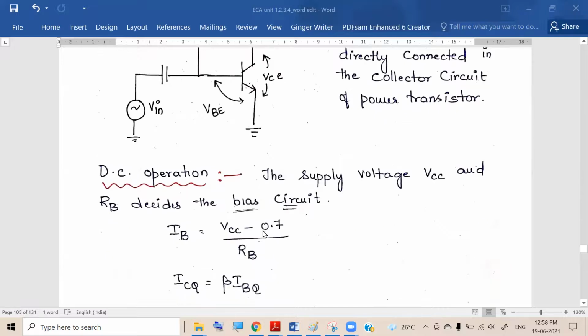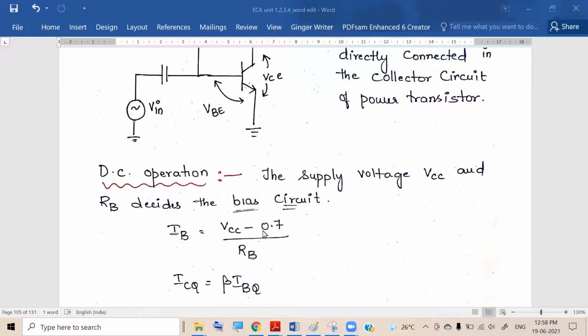Suppose your parents are earning money and they are giving you 100 rupees. How much amount you use and how much you waste, that will be your efficiency.